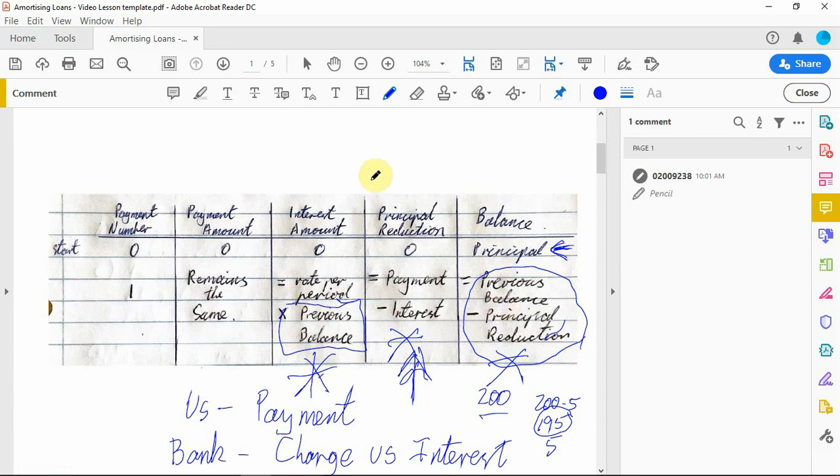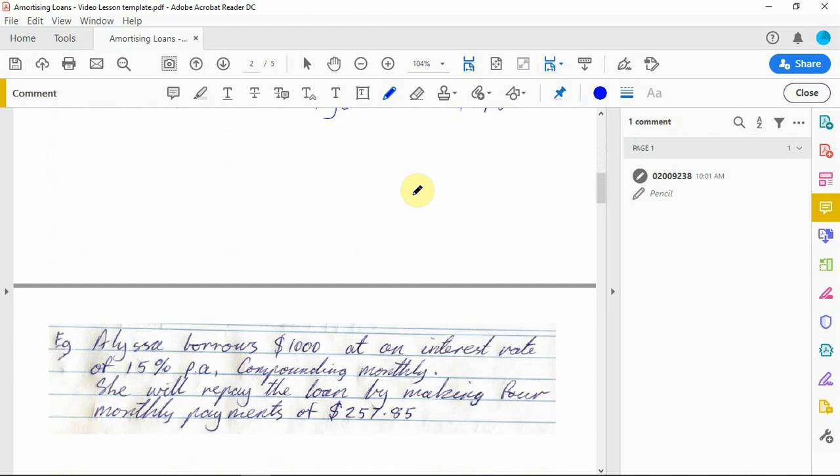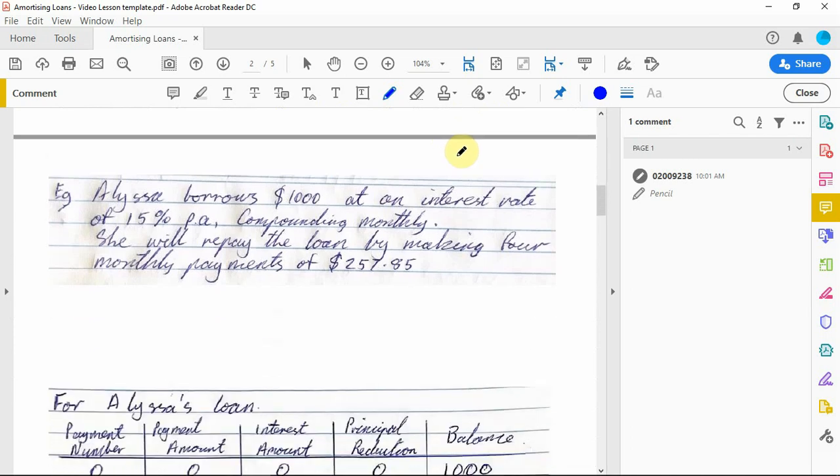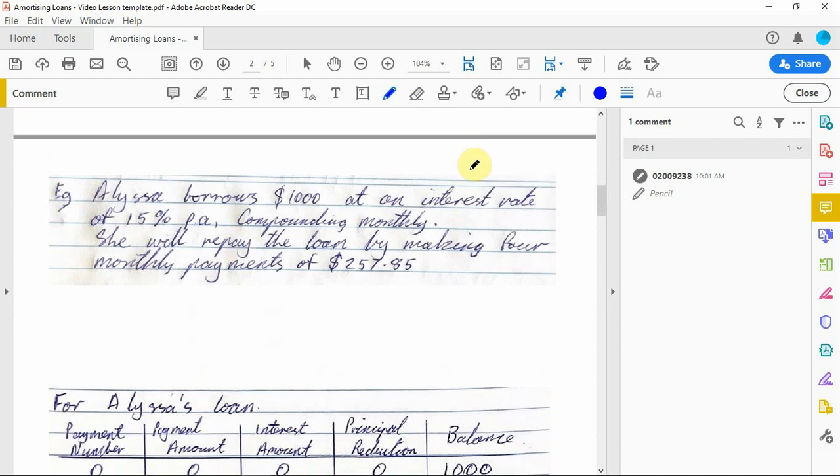So in the previous exercise, we had this example of Alyssa, who borrowed $1,000, interest rate 15% per annum, compounding monthly. She was going to pay that off in 4 monthly payments of $257. So the amortisation table for Alyssa's loan would be something like this.